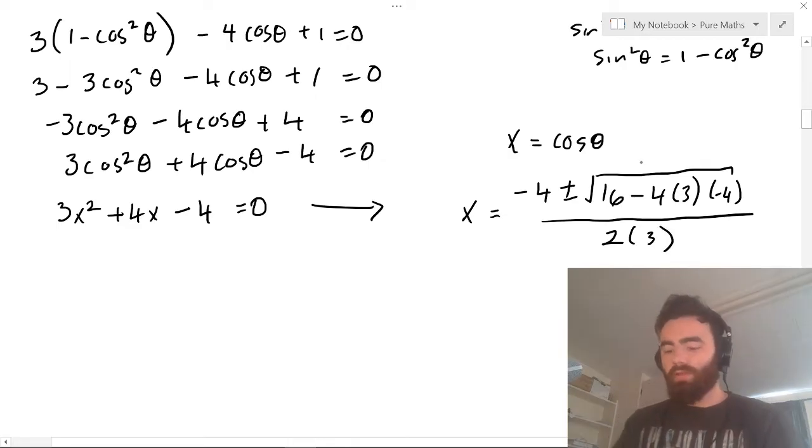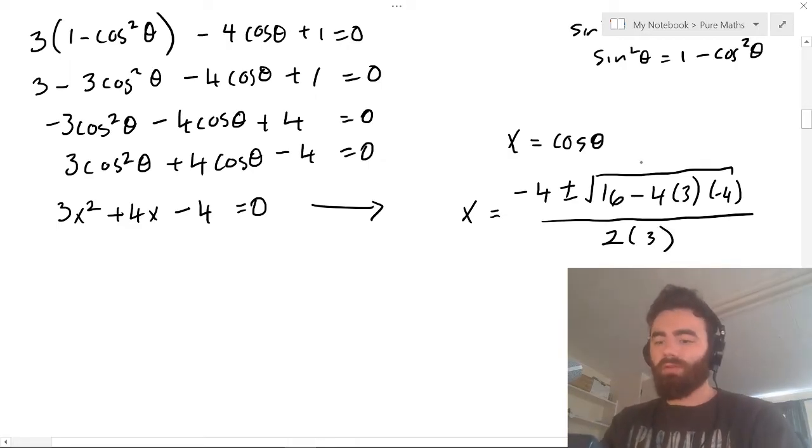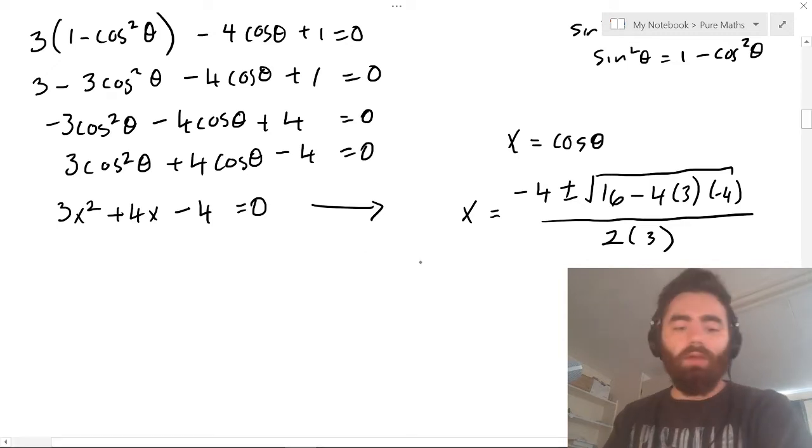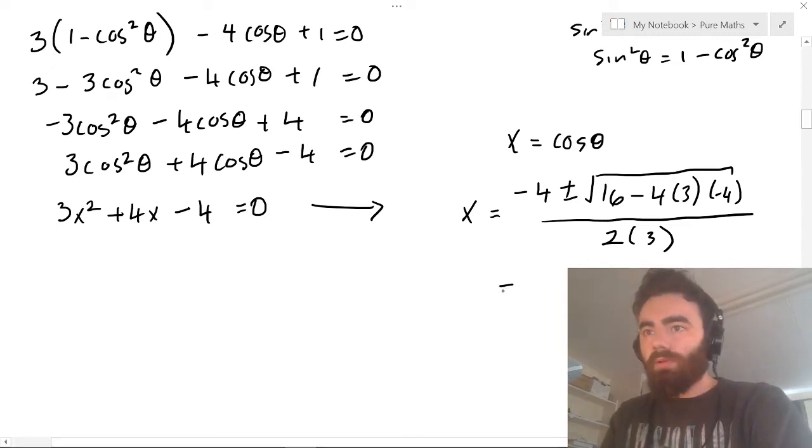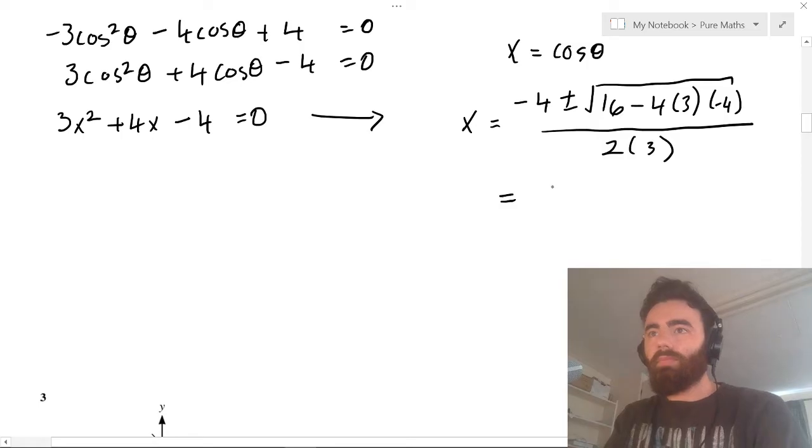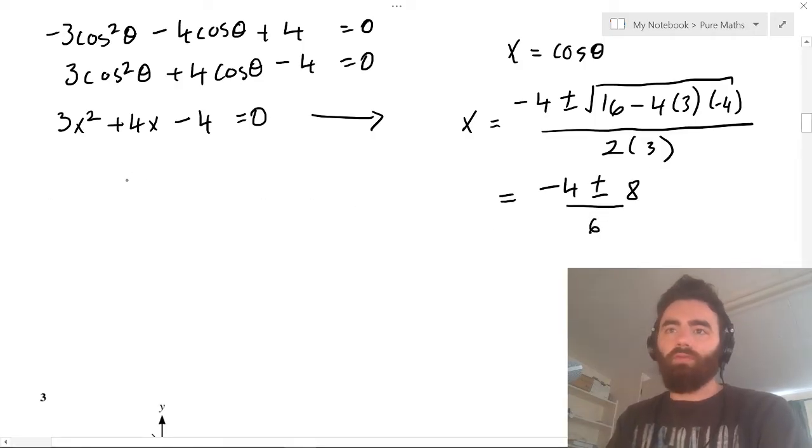So let's just simplify that using our calculator. Minus 4 times 3 times minus 4 is 48, plus 16. Okay, so this becomes minus 4 plus or minus 8 divided by 6. So therefore we get 2 solutions of x.